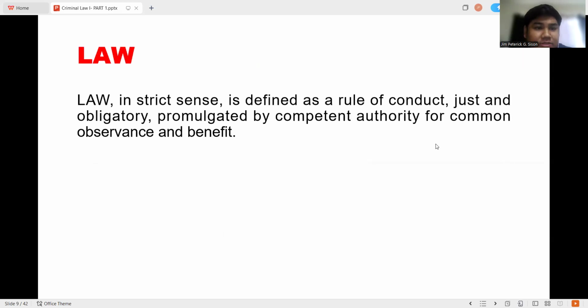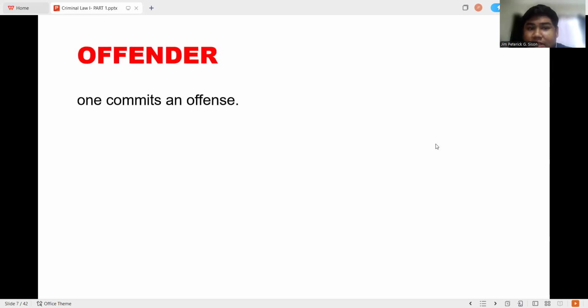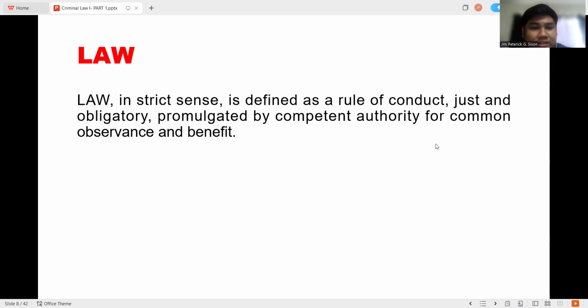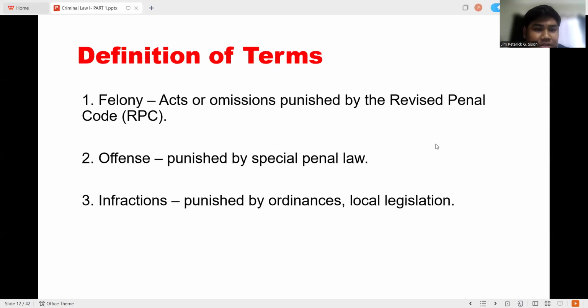And you are called an offender if you commit an offense. So what's an offense? An offense consists of those acts or omissions punished by special penal laws, like violating the Comprehensive Dangerous Drugs Act of 2002, the CDDA law, or Republic Act 9165, or VAWC, the Anti-Violence Against Women and Their Children Act of 2004.